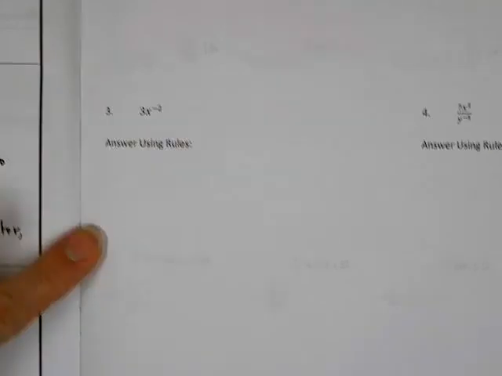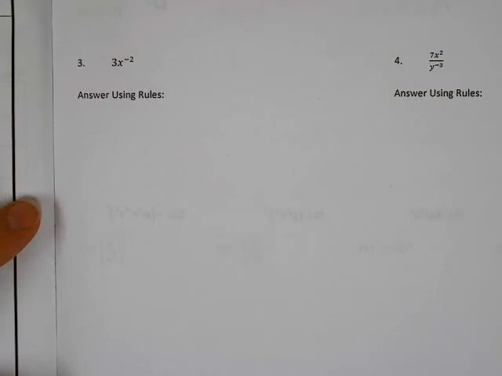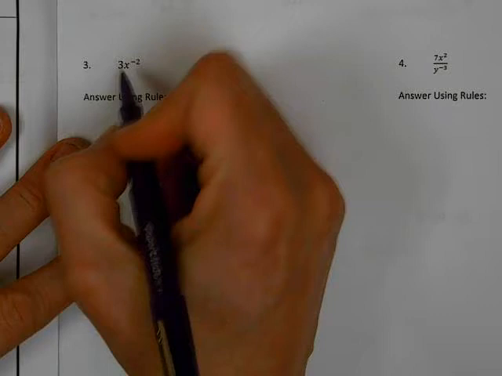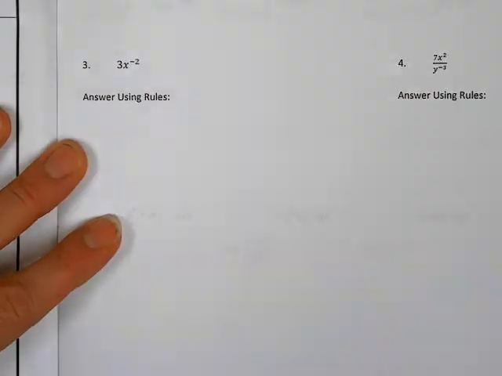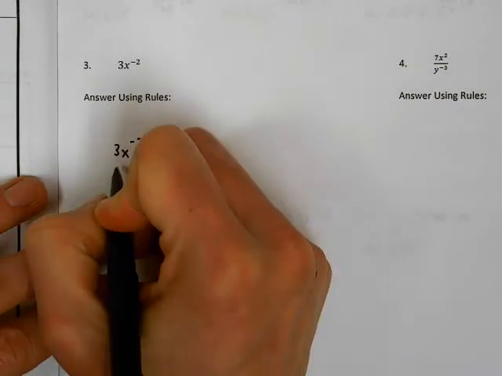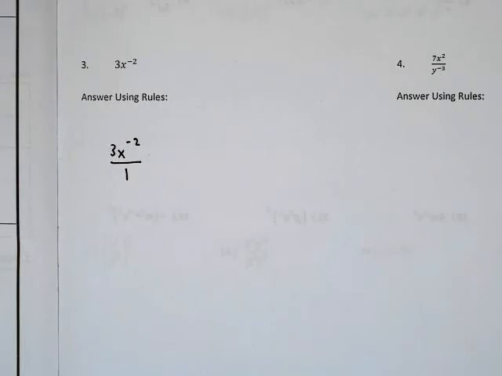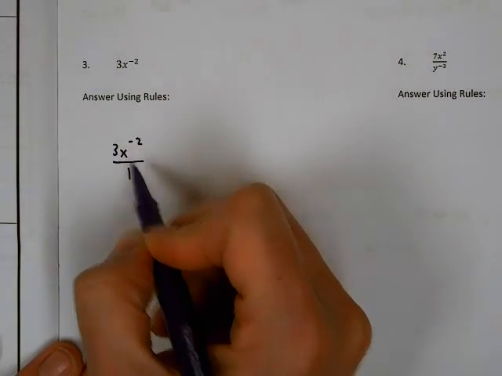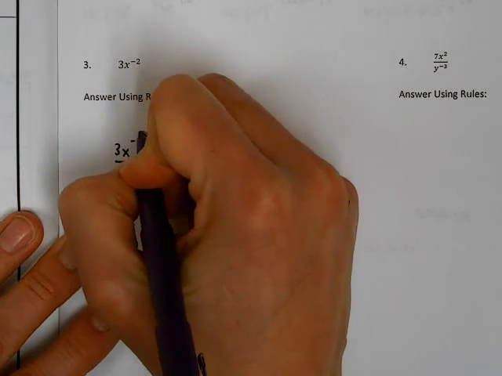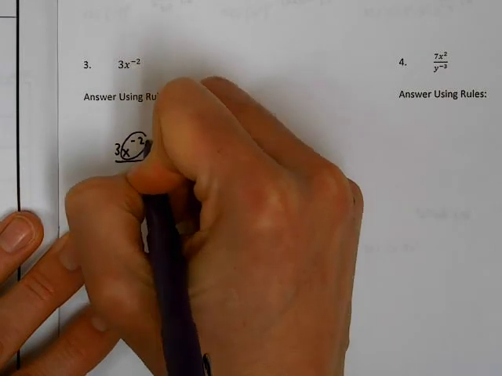So for this one, now we have 3x to the negative 2. So we said we know we have a negative exponent here. So what I can do, I'm going to rewrite this as 3x to the negative 2 over 1. So we said we know we can take this exponent and move it positive by moving it down. Now the important thing to realize is that negative exponent only goes with the x.